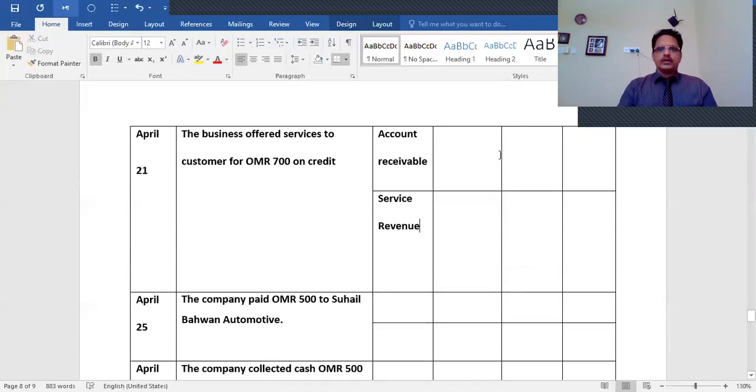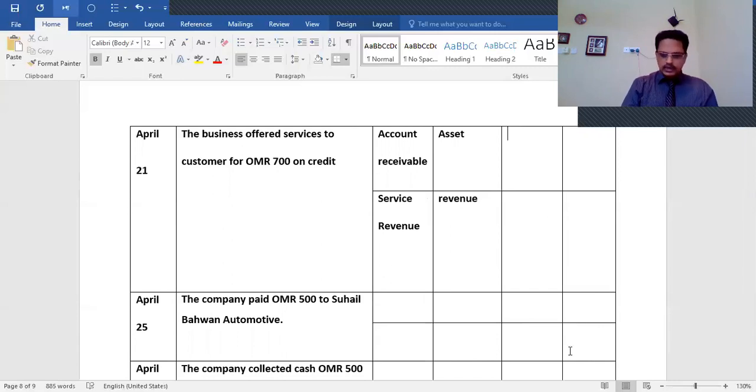Now you tell me, account receivable is an asset, you know already. Service revenue is a revenue or income. So whenever you provide service and money has not been received, your account receivable, your customer, is an asset, because he will give money later, so the asset increases.